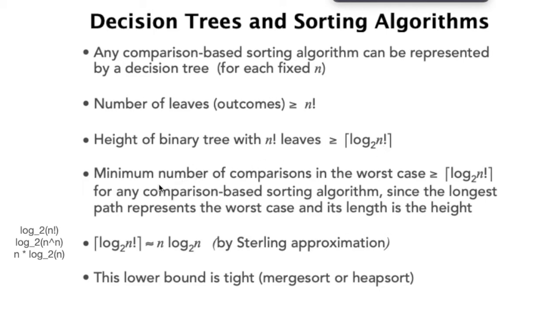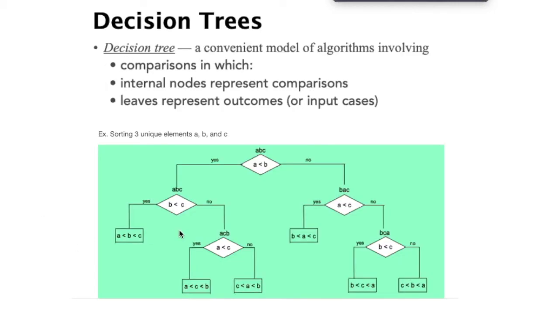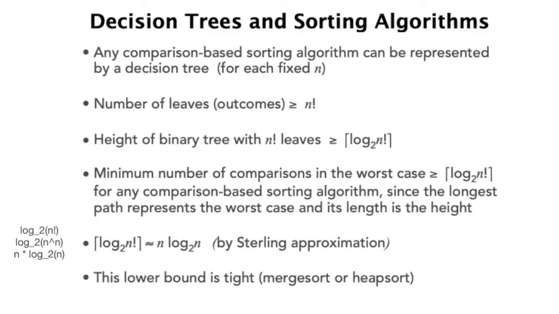Okay, so as you may recall, the decision tree a while ago have, ano bang tawag dito, hindi pantay-pantay na height. So this isn't necessarily a complete binary tree. Okay, so the minimum number of comparisons in the worst case is log of n factorial.